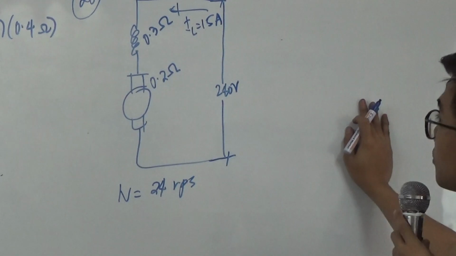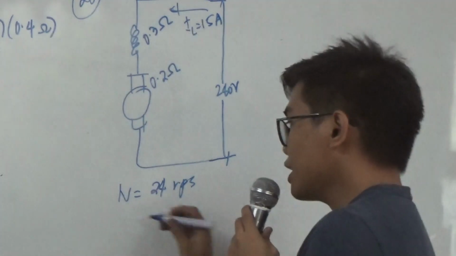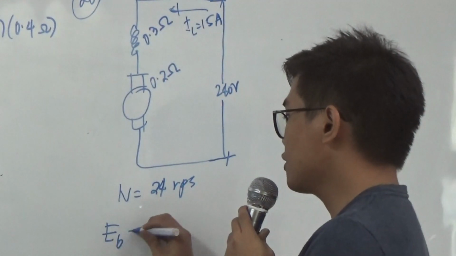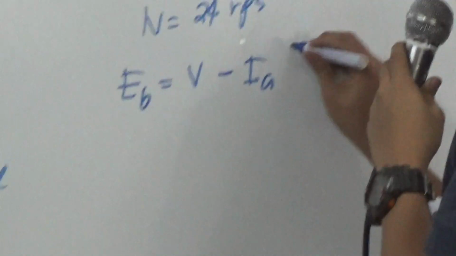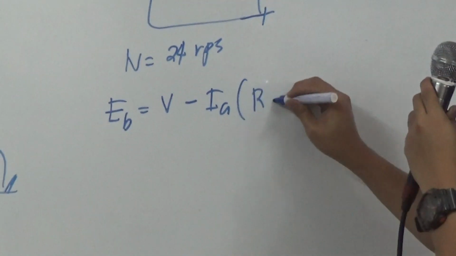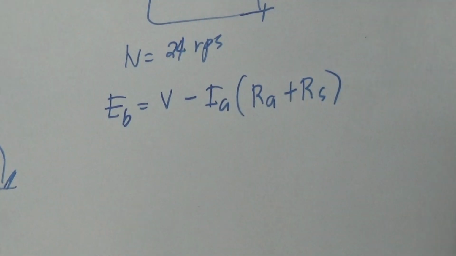So parang wala lang yung speed. So back EMF is equals to V minus IA multiplied by the sum of the armature resistance and the series field resistance.